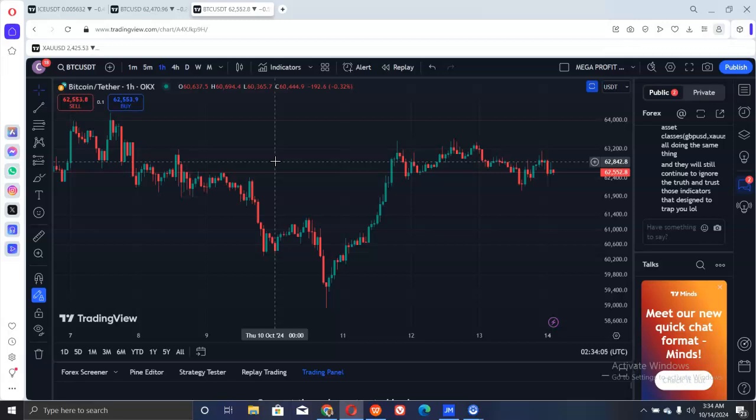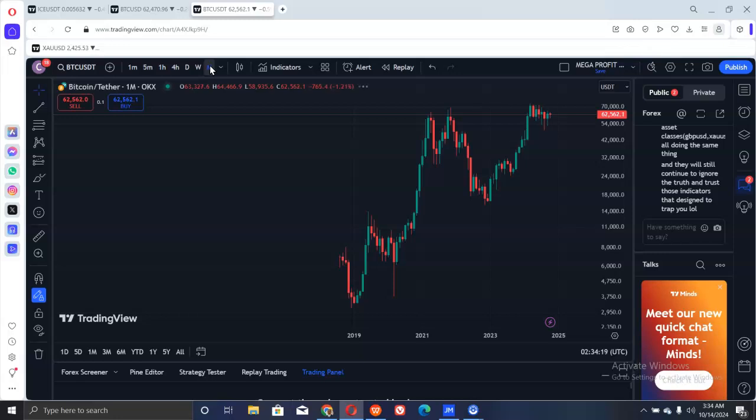Now, in the chart, we have different time frames: 1 minute, 5 minutes, 1 hour, 4 hours, daily, weekly, monthly. First of all, I like to use the monthly here for Bitcoin. Mind you, the higher the time frame, the clearer the view of the market.